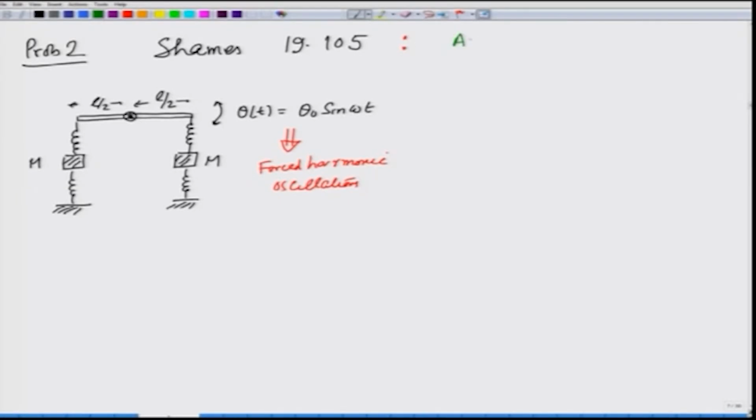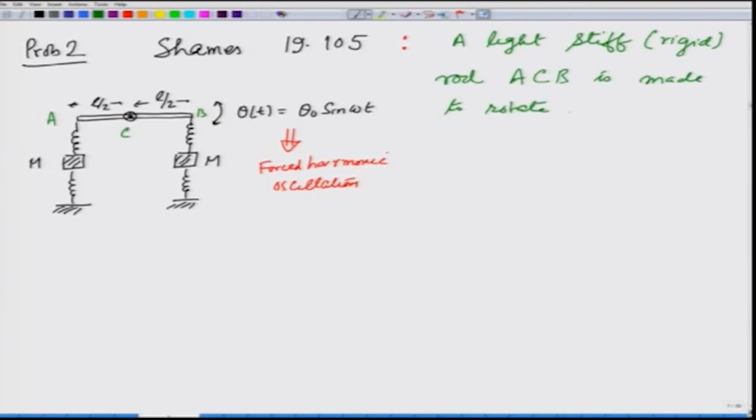A light, stiff, which we will take to be rigid, rod A C B. So, let us write it A C B is made to rotate about its middle point C, such that the angle theta t that it makes from the horizontal.